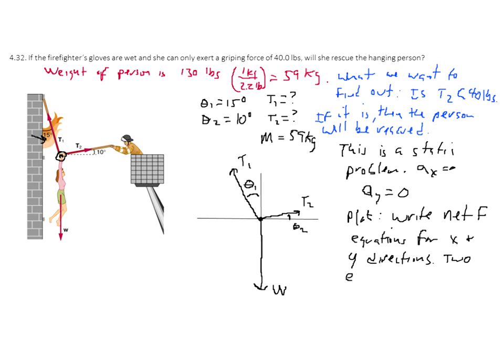This will give you two equations and two unknowns. And then you can solve it like we've done numerous times before. So I'm running out of room here. Let's go to this right here.